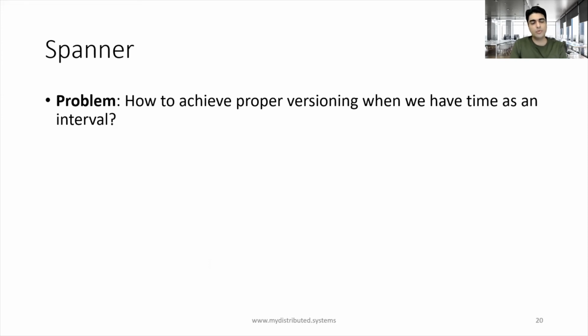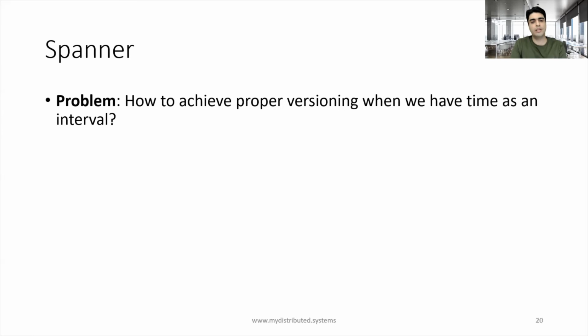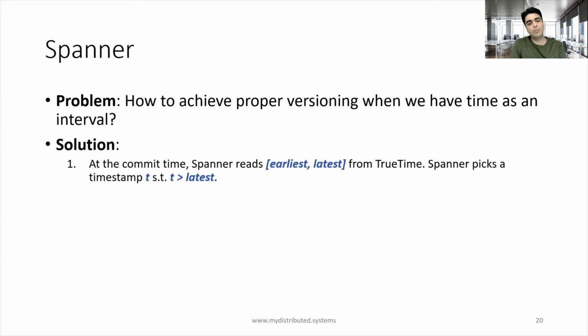Now suppose we have TrueTime and this guarantee that the real time is between earliest and latest. The question is how we can achieve proper versioning with such an API. The solution is this. At commit time, Spanner reads the earliest and latest from TrueTime, and picks a timestamp t such that t is larger than the latest.